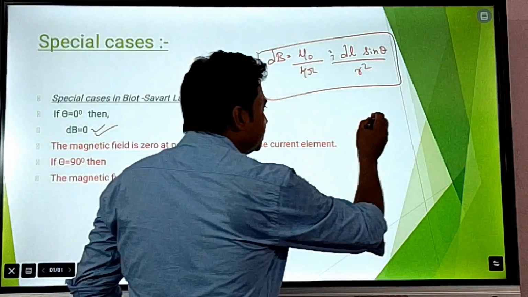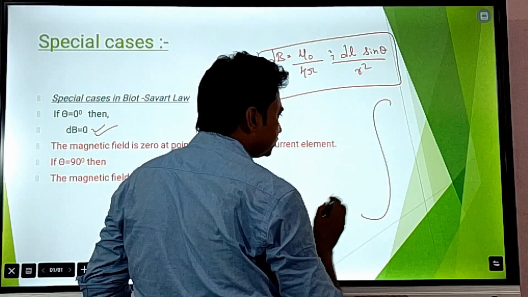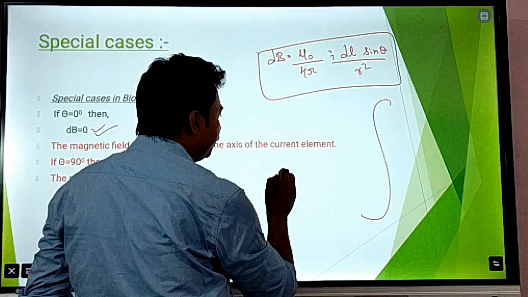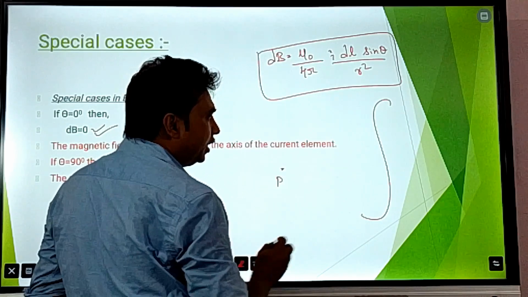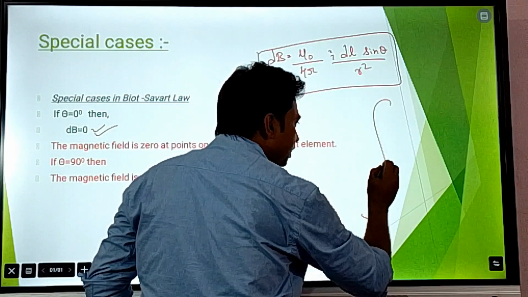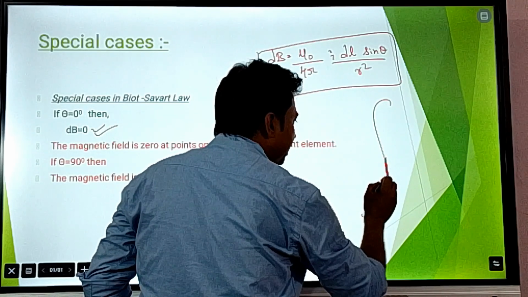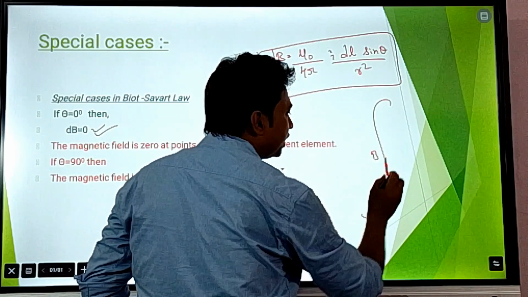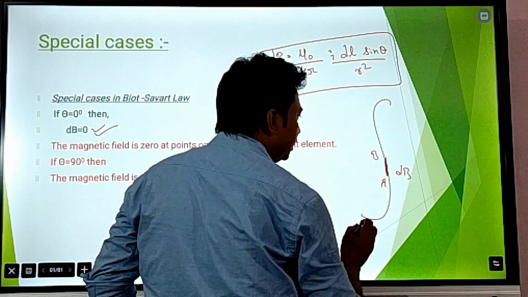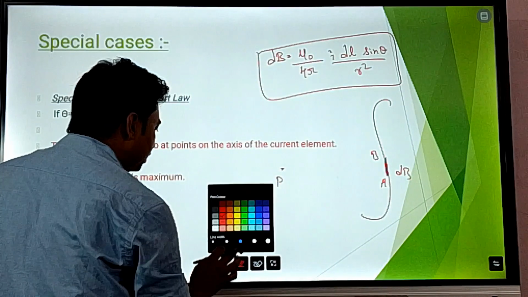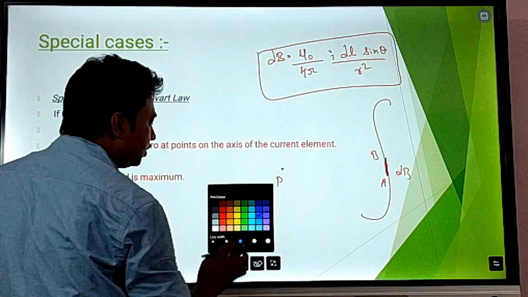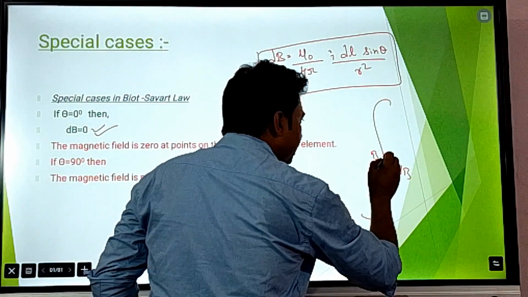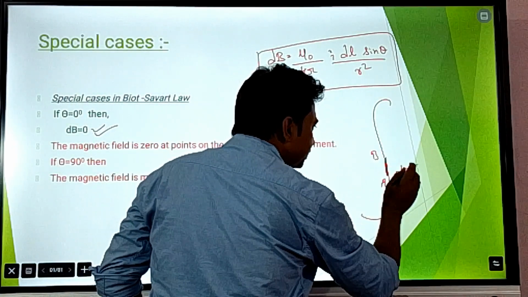Suppose this is our wire, and here I am going to find the magnetic field at point P, and this is our current element. AB is our current element, represented by dl.